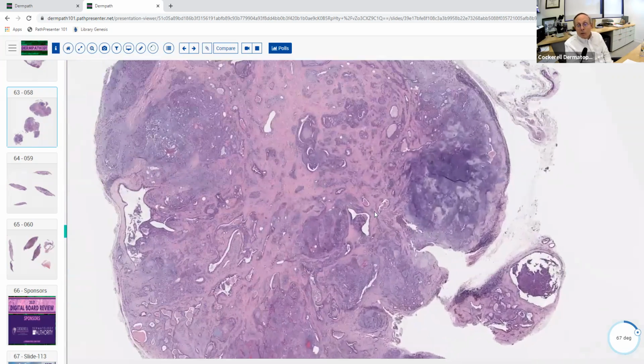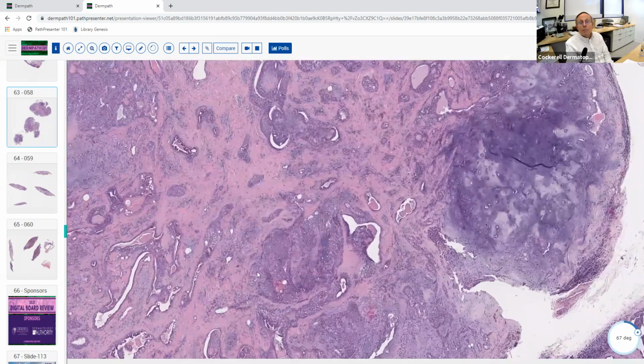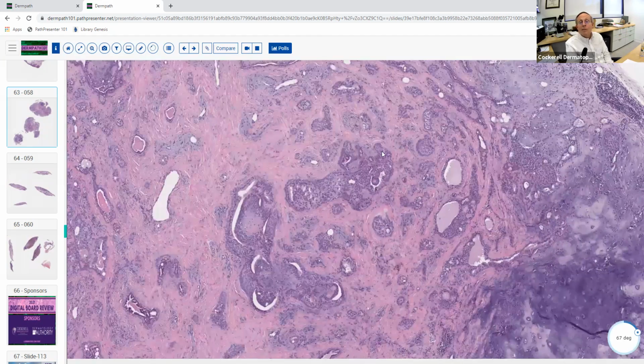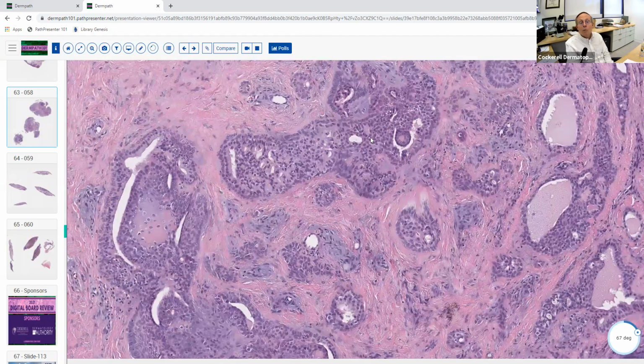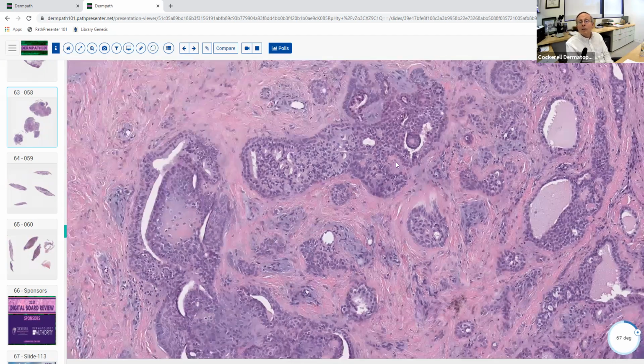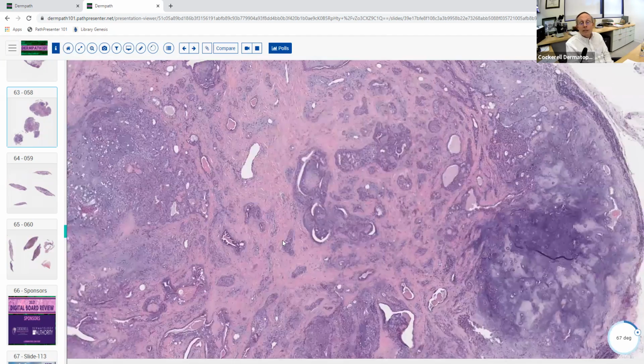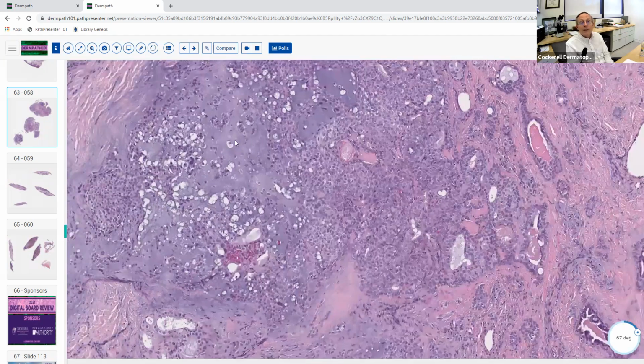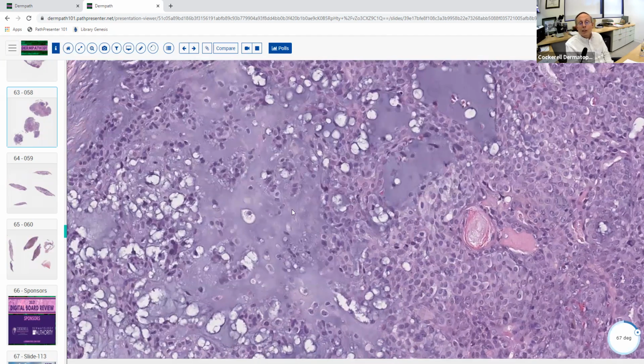It's an epithelial neoplasm that's comprised of these aggregations of these epithelial cells that are small, round, cuboidal with this ductal differentiation over here. And it's also got, in some areas, some abundant mucin that's even undergone this metaplasia into chondroid.